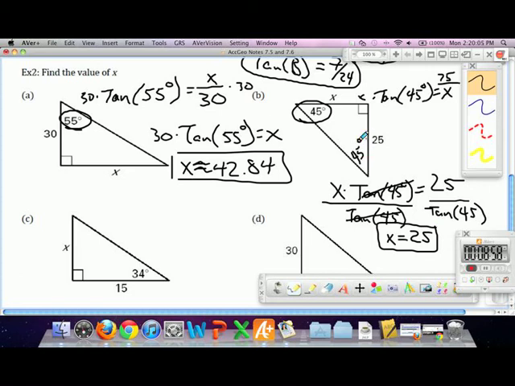The tangent of 45 is always 1 because you get it from a 45, 45, 90 triangle. So you didn't have to. You could have done this with special right triangles. I just wanted to show you how to do it with a tangent. Or you could do it knowing the special right triangles. But the tangent of 45 always has to be 1.